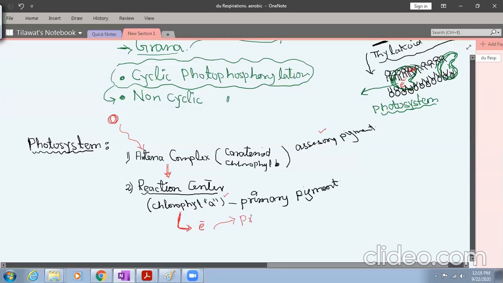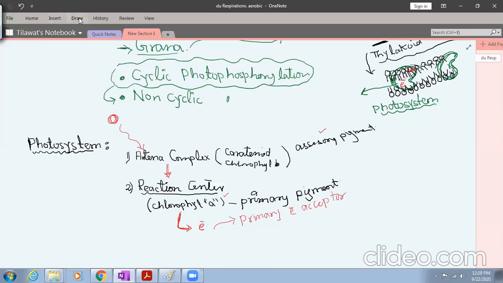From there it will move through a chain, but I will discuss that later on. Just be here with me up to here, okay? Now, up to here, the photosystem is clear.